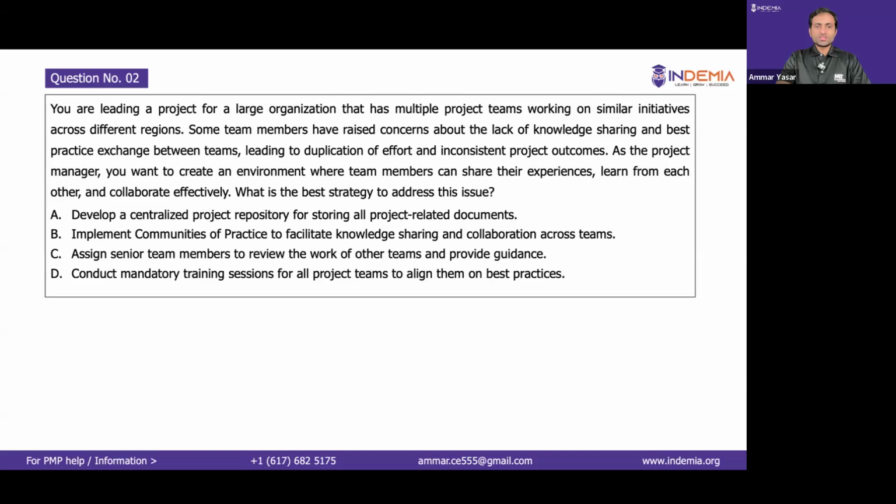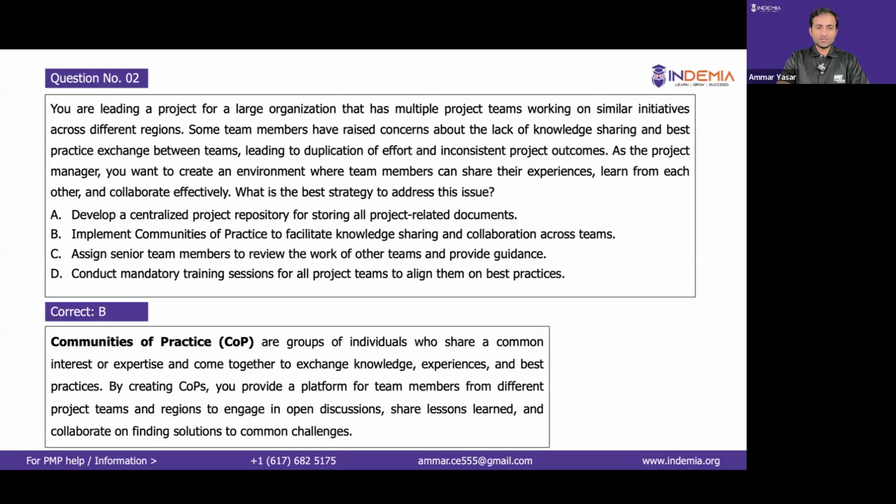So as a PM, you want to create an environment where team members can share their experiences, learn from each other, and collaborate effectively. So the best choice is to implement communities of practice to facilitate knowledge sharing, because COPs are a group of individuals who share a common interest or expertise and come together to exchange knowledge.